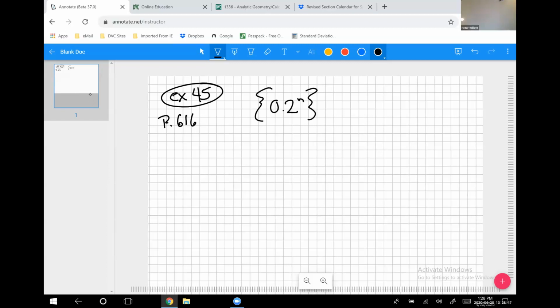So they're giving a formula for an infinite sequence, and we're supposed to figure out whether it converges or diverges, and whether it's monotonic or whether it oscillates. So here's our choices: converge or diverge, monotonic or oscillate.